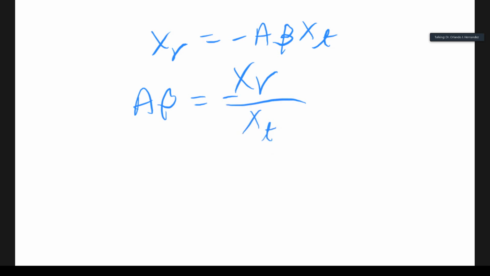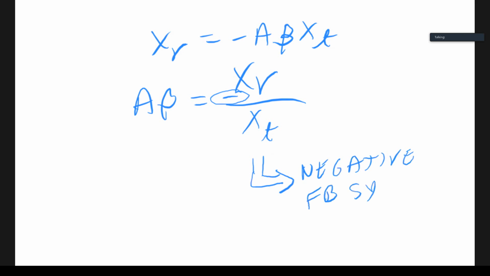Okay. And in our formulation, the nice thing is that there is this negative sign, which confirms for us that we have a negative feedback system. And negative feedback is what is mostly used, is a good thing. That's the type of the good feedback, at least in this context. Okay.